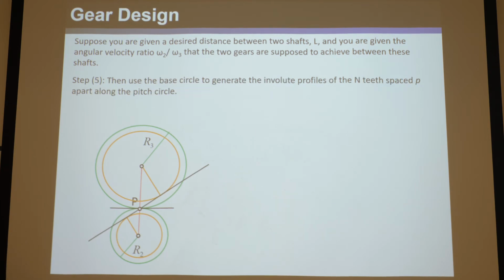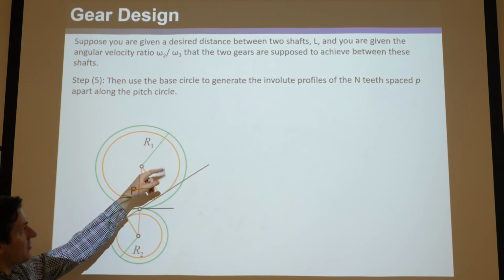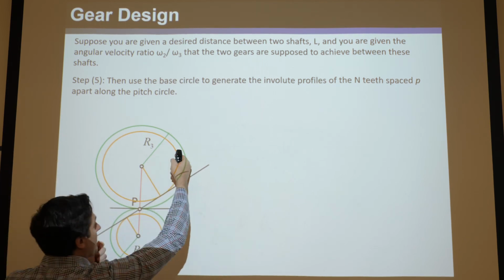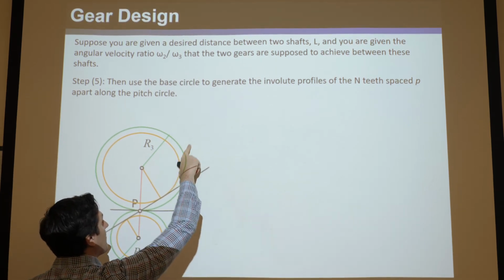Okay, so we're getting somewhere here. Now step 5 is to use the base circle to generate the involute profiles of the n teeth, spaced circular pitch apart along the pitch circle. You have the base circle, you take the string, wrap it around it, and bring it up to draw the involute profile, which would only exist above this orange line.